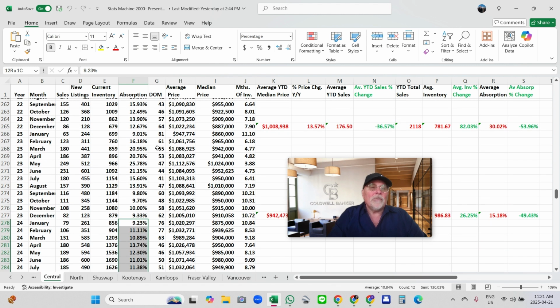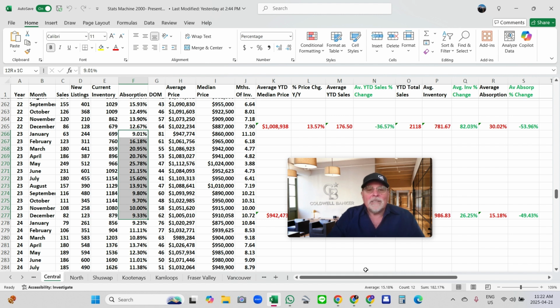And then I go back to January of 2023 to December, again, shift click. It's 15.15%. So you can see a fairly aggressive drop in the absorption between 2023 and 2024. And that stands to reason, because 2023 and 2024 were correction years. The market was turning down in those years.